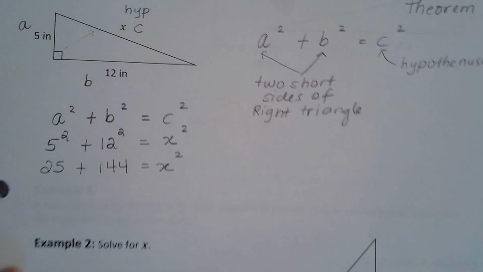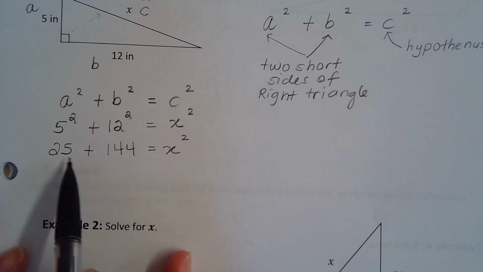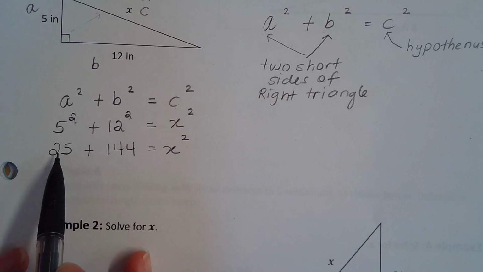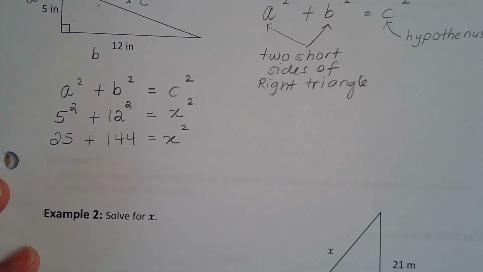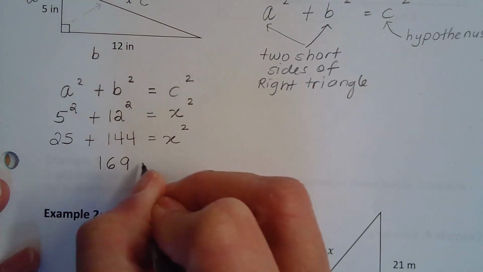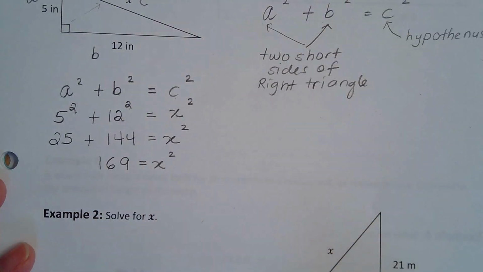Okay. Now, what are we going to do next? What does that say? We're supposed to add them up. Okay, so what's 144? Add the 25 to that. 169. So 169 equals x squared. Okay.